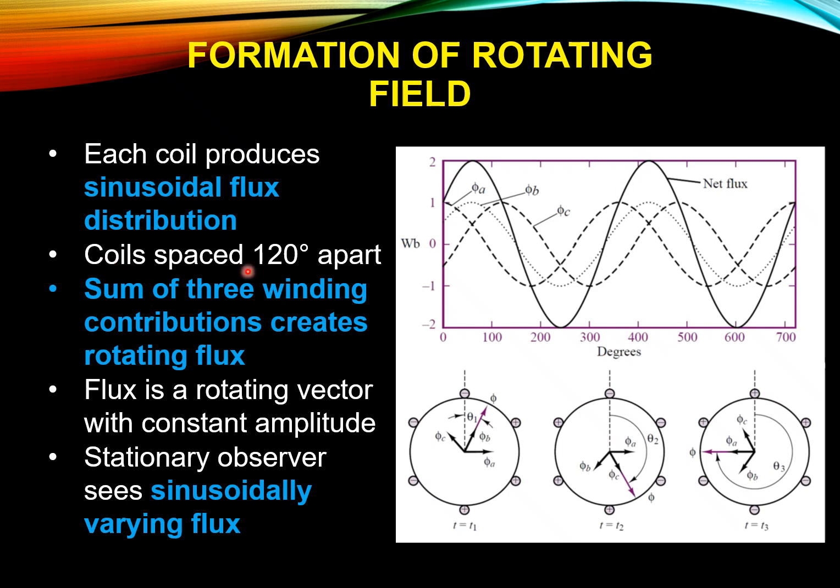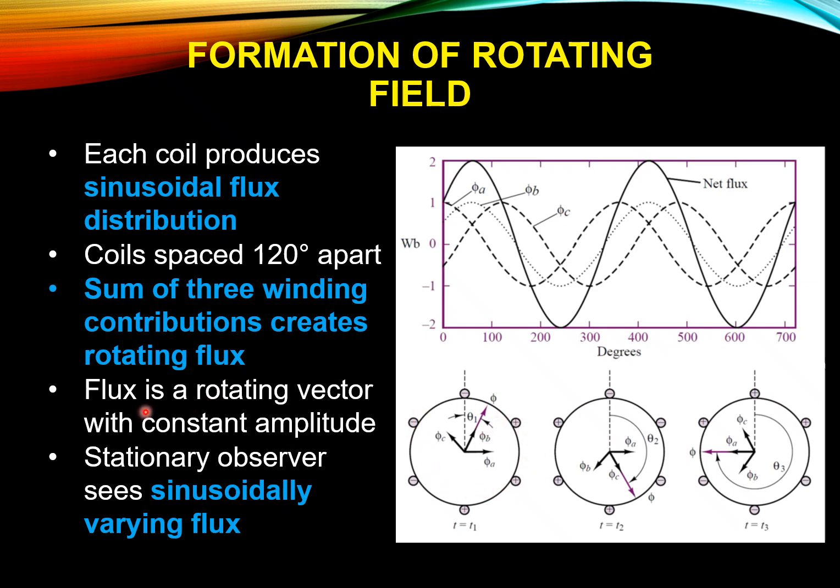The coils are spaced 120 degrees apart, and the sum of the three winding contributions creates a rotational flux. We can see there are three, and when you sum them up, you can see it will move from one pole to another pole and create a rotational flux.